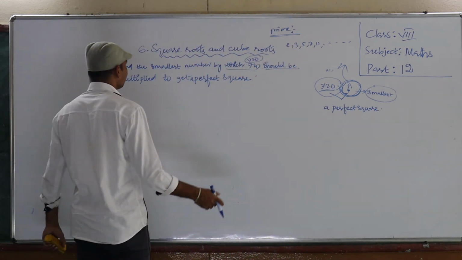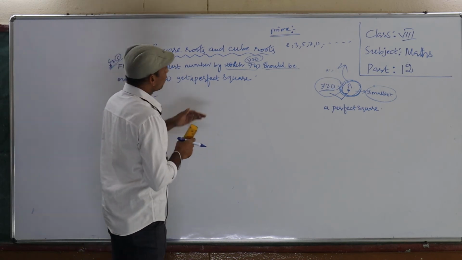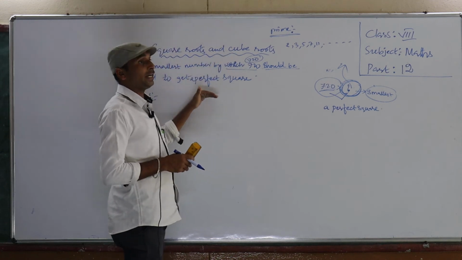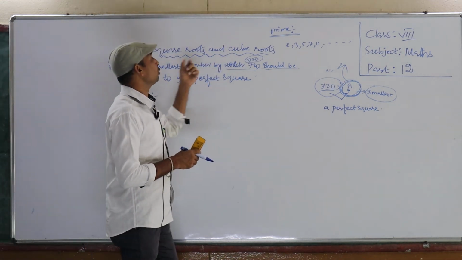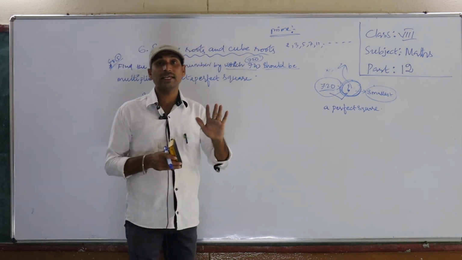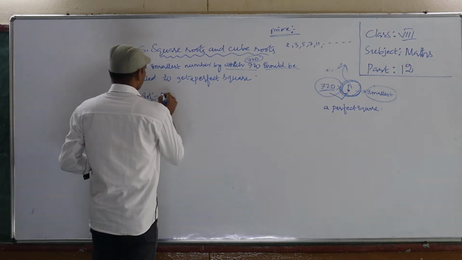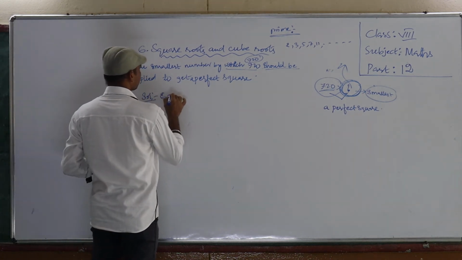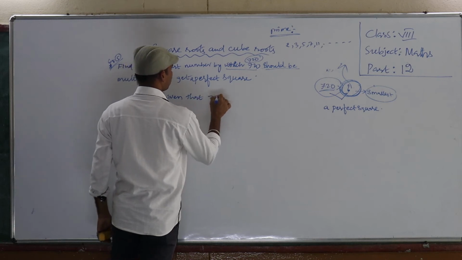See children, when they are asking multiply or divide or anything, just go through the prime factorization method first. See, what is given, children? 720.